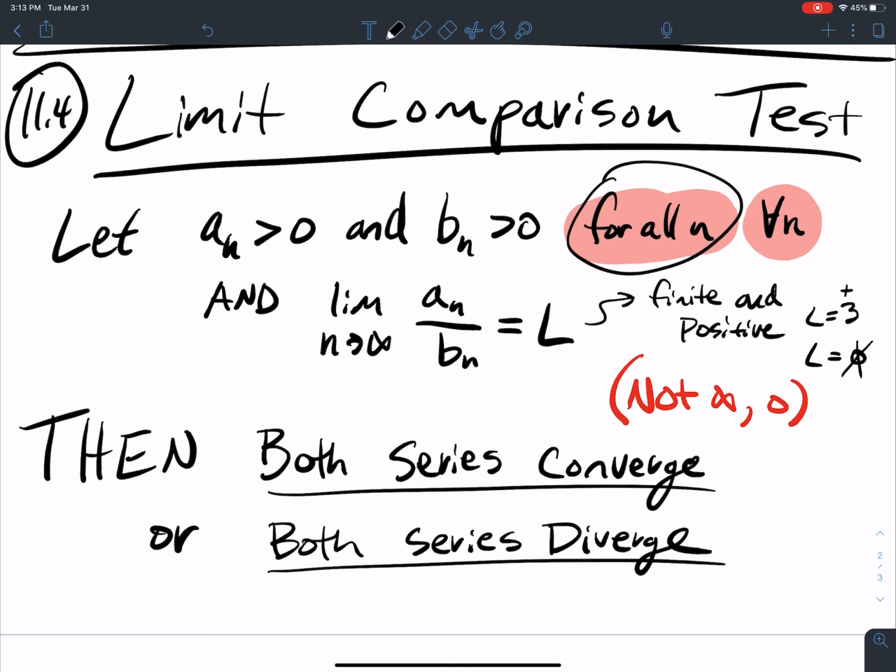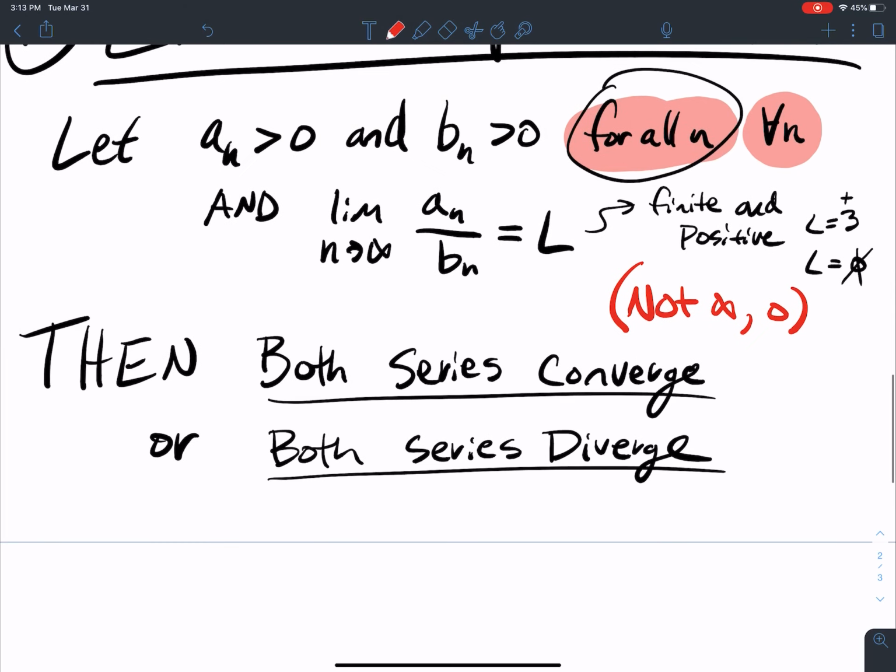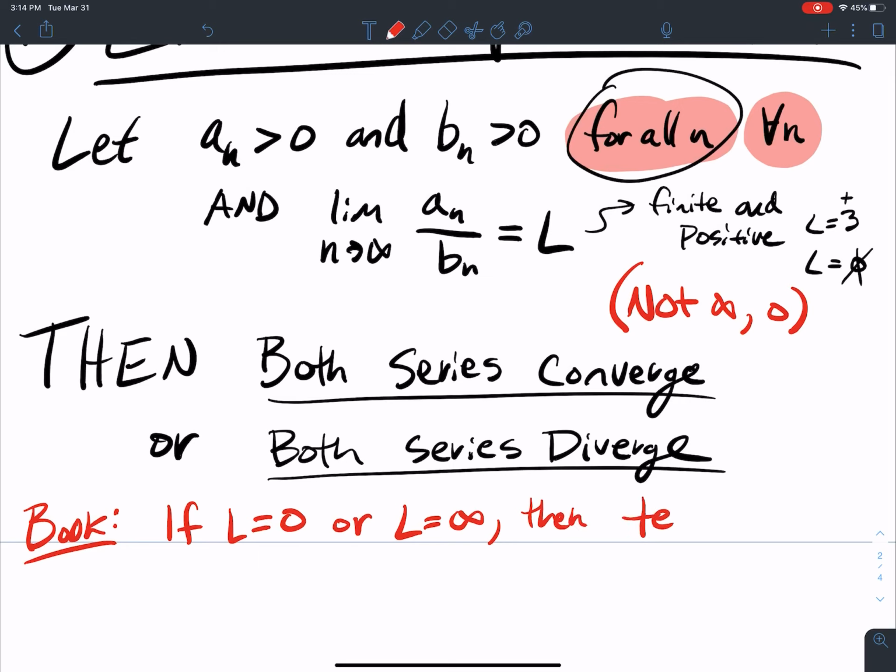So in your text, the book says if L is equal to 0 or L is equal to infinity, then the test is inconclusive. It fails.